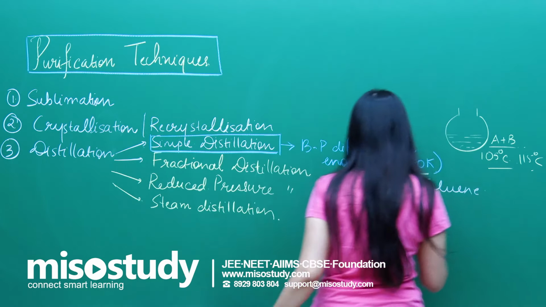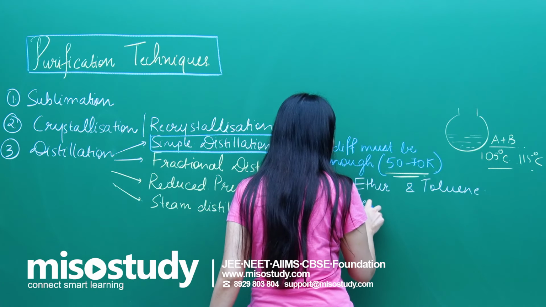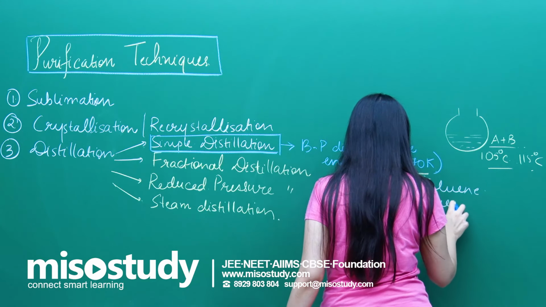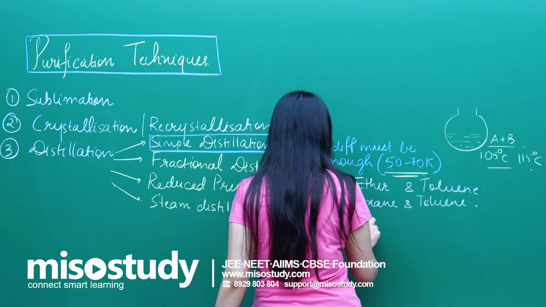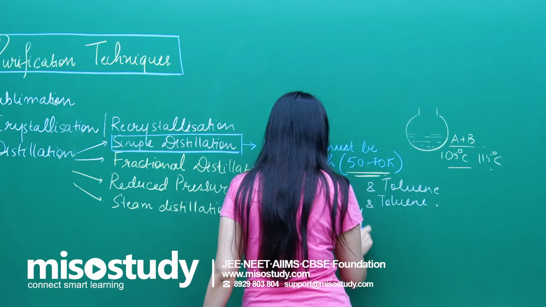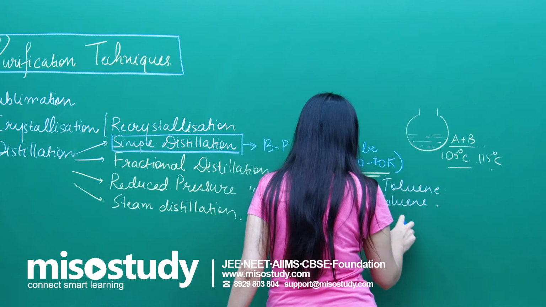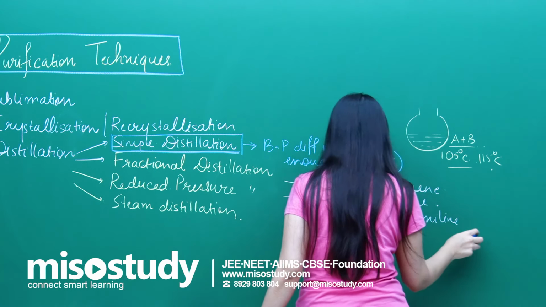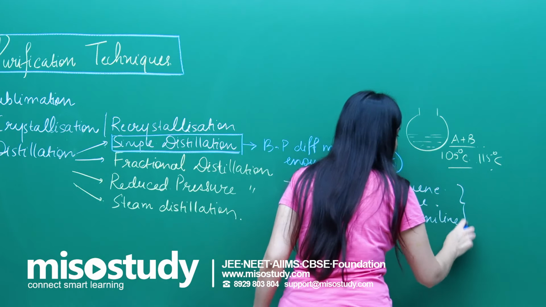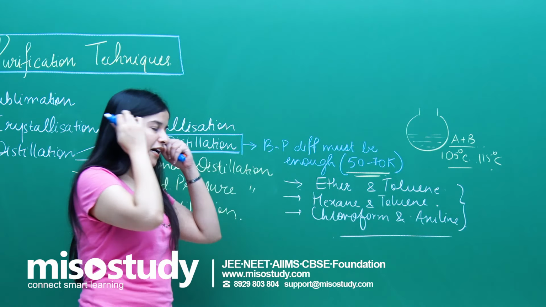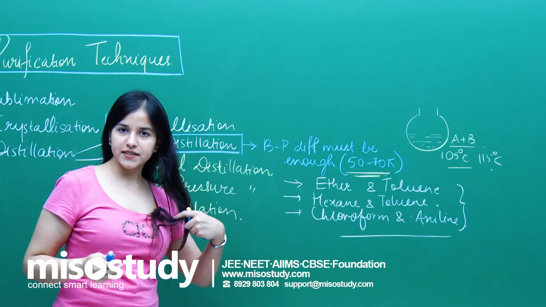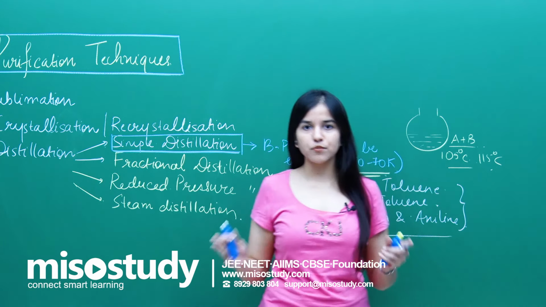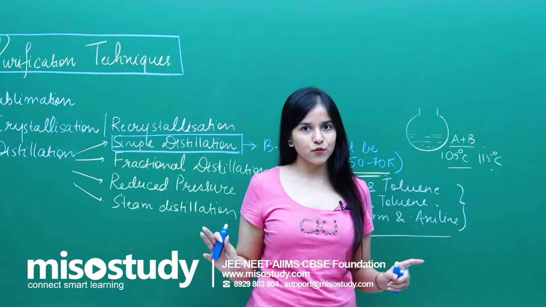So ether and toluene, hexane and toluene, and also a very popular mixture, that of chloroform and aniline. These are some mixtures which are actually separated via this technique, because these mixtures have sufficient difference between the boiling points. So I hope everybody is clear with the fact.